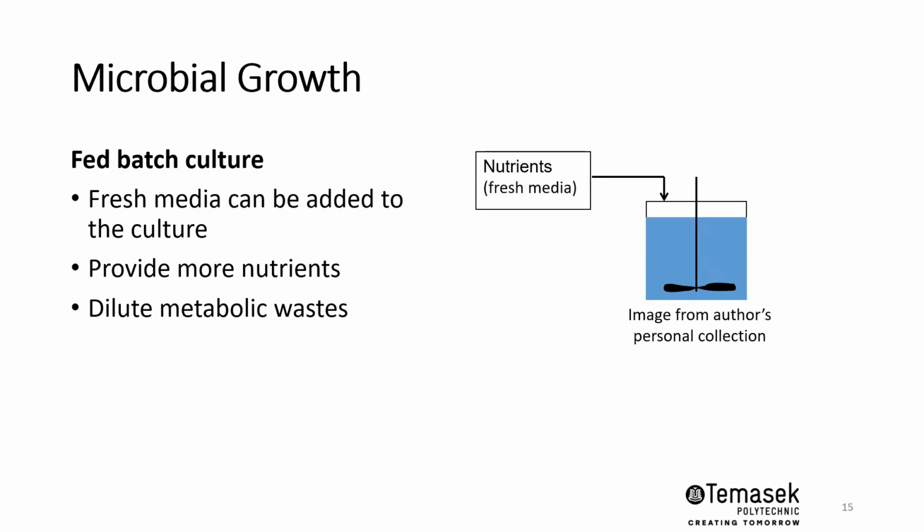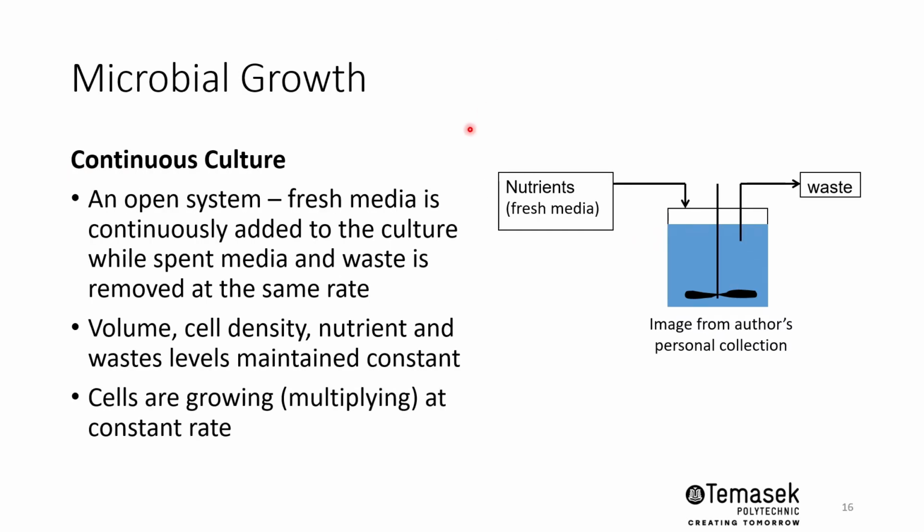So let's look at what a fed batch culture is. The fed batch culture is a culture where you add fresh media into the culture to provide more nutrients and to dilute out the metabolic waste. This is relative to a continuous culture. A continuous culture is not a closed system.